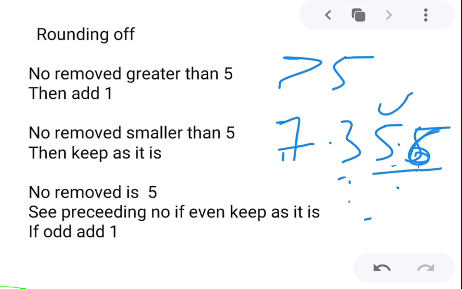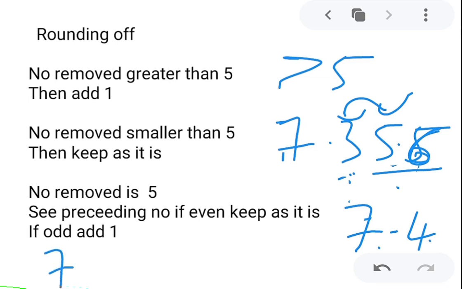Then what to do? Then there are two things. See the number before 5. If it is an even number, then keep it as it is. If it is odd, then add 1. For example, here it is an odd number, which is not in the table of 2, so 7.4.